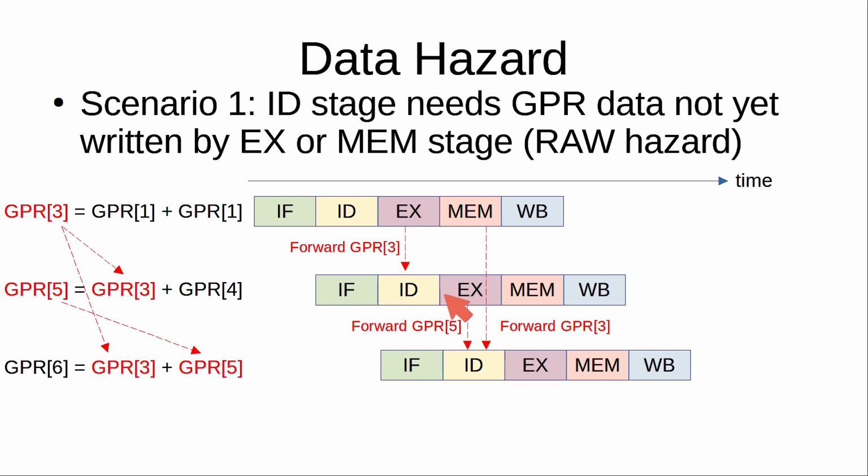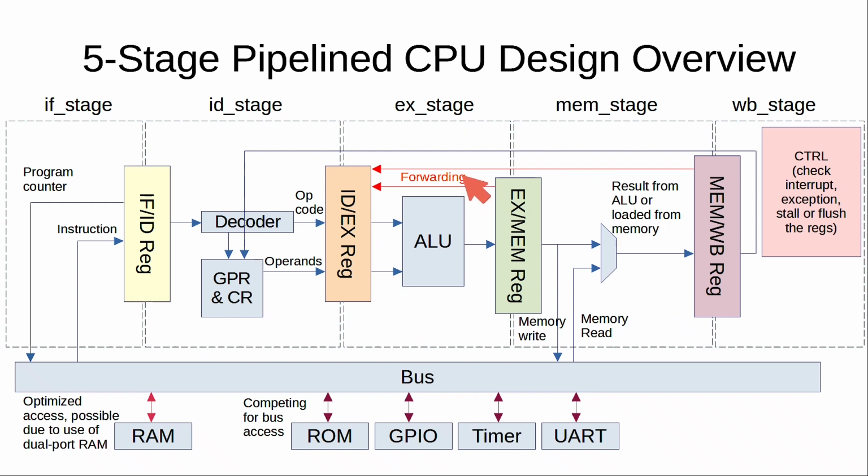They haven't reached the write back stage where they can write back to the GPR. So the actual GPR still holds the old value. And in this case, we can do the same thing, which is forward the needed data from the execution stage and also the memory stage. So hopefully it's now clear why we have these two arrows here for the forwarding purpose.